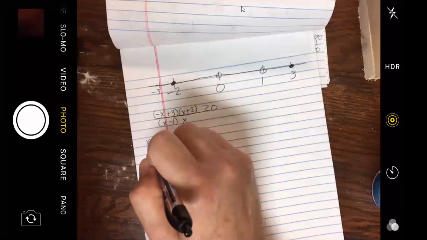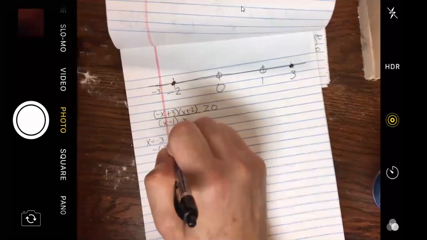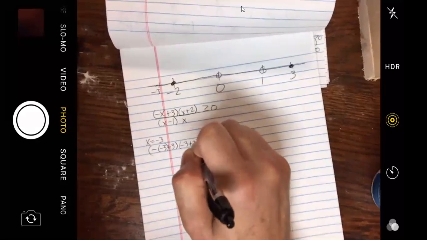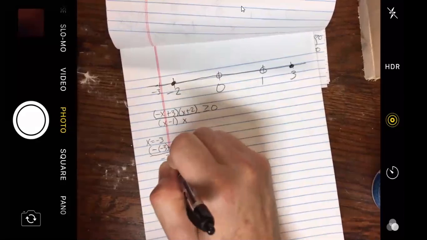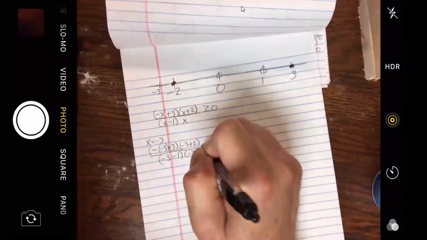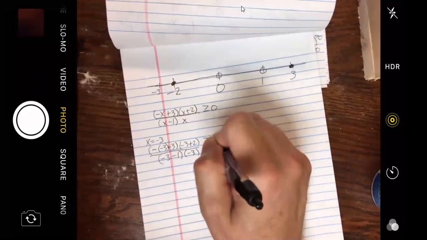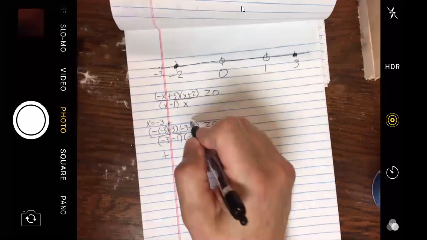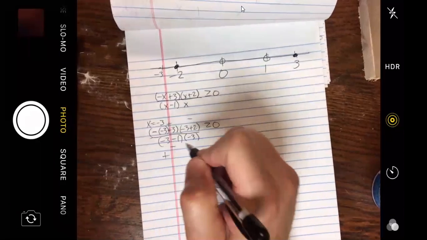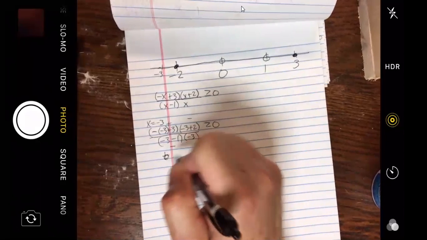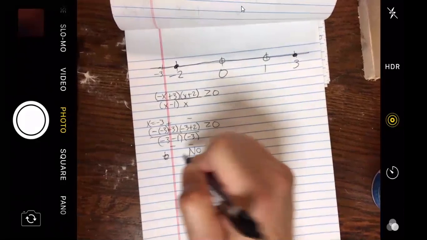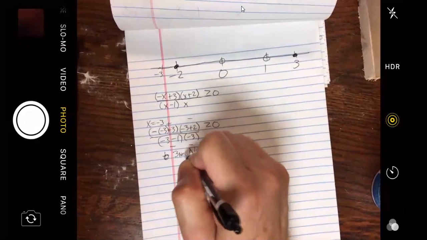You're getting negative a negative 3, add 3. Negative 3, add 2. Minus 1 and negative 3. This is a positive there, this positive, negative, negative. Negative 3 itself is negative. That's 3 negatives.